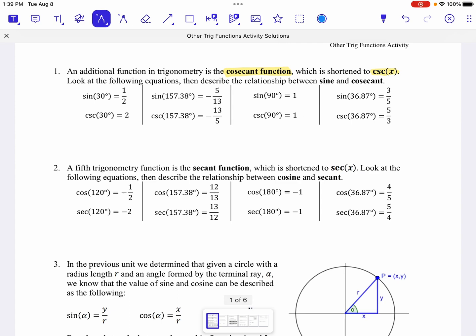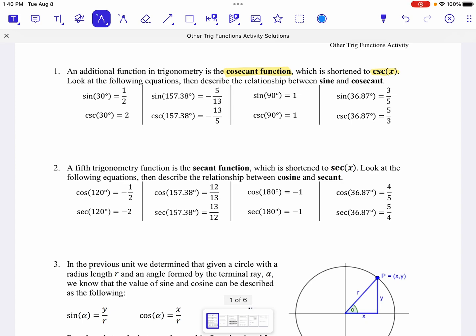If you notice here, we have sine of 30 degrees equals 1/2. But if I did cosecant of 30 degrees, it would equal 2. And then I can move over here and notice that sine of 157.38 degrees is 5/13, while if I find the cosecant value of that same angle, it's 13/5.